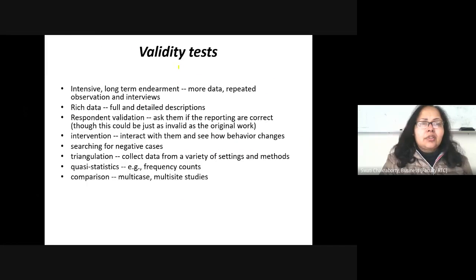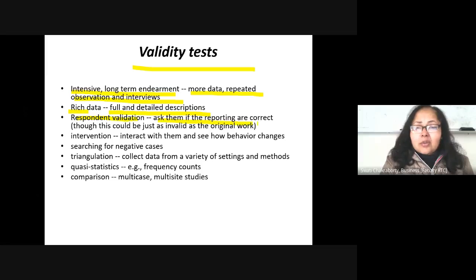And then comes the validity test. There has to be a validity test. It has to be intensive long-term involvement, where you use more data, repeated observation and interviews. Then comes rich data, which is full and detailed descriptions. Respondent validation, where you ask them if the reporting was correct, though this could be just as invalid as the original work, because they may not say.